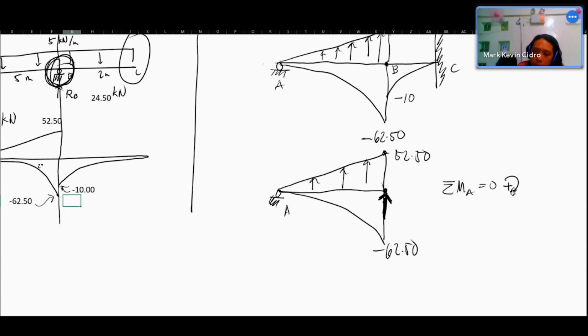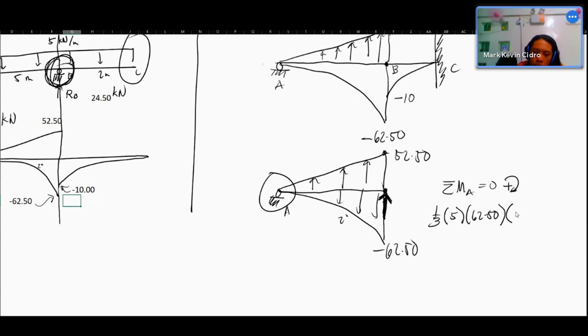Let's take clockwise as the positive moments. Since this is downward, it produces a positive moment, so don't include the negative sign. We follow the convention: if clockwise, the moment is positive. So this will be second degree. What's the area? 1/3, the base is 5, the height is 62.5.